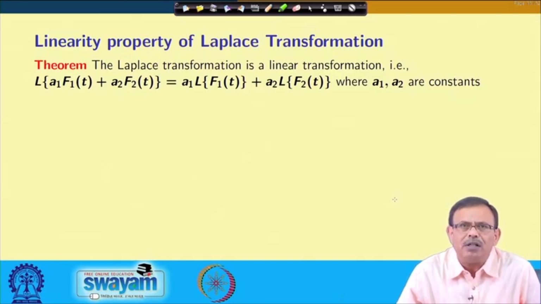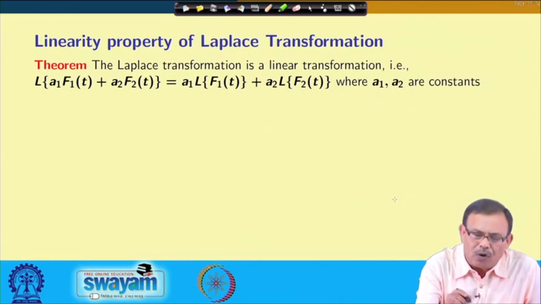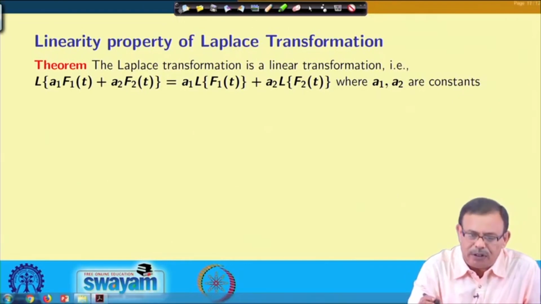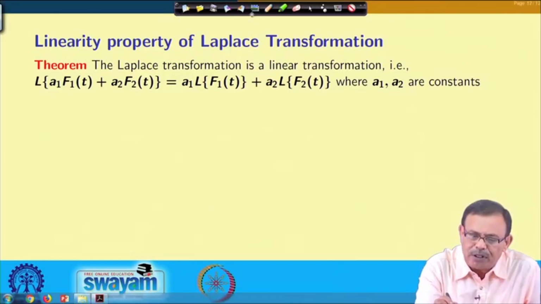Just like the linearity property of a general transform, which we discussed just before this slide, the linearity property of the Laplace transform holds in the same way, where a1 and a2 are constants. Now, the proof is very simple here.